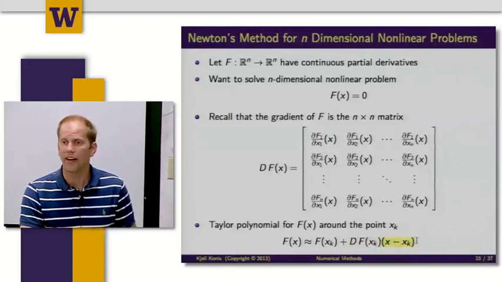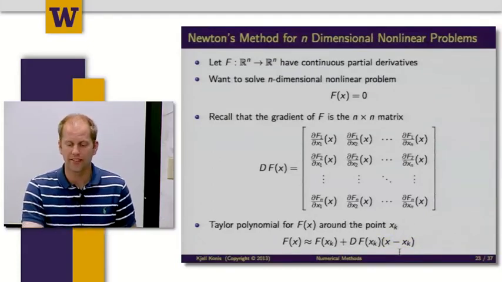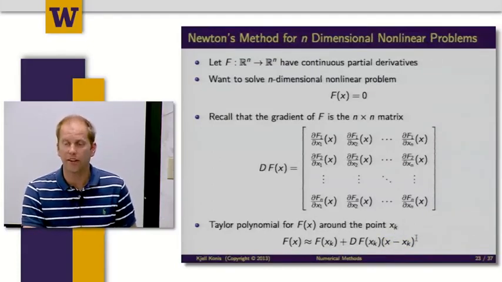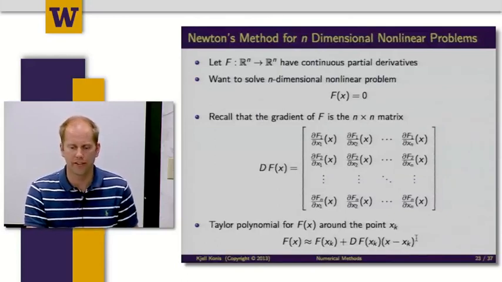And here I have an n by 1 matrix, so a column vector of the function inputs. And so I'm going to play around with this Taylor polynomial exactly the same way as I did when it was just a function of one variable.